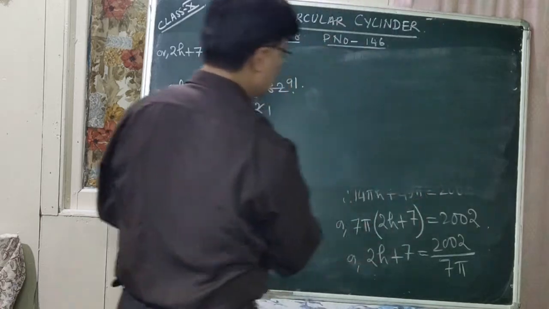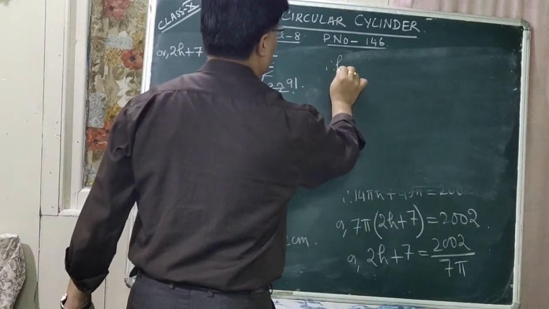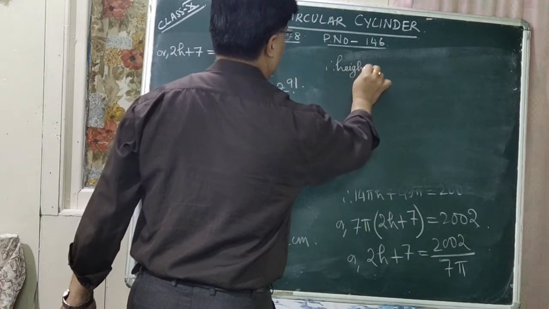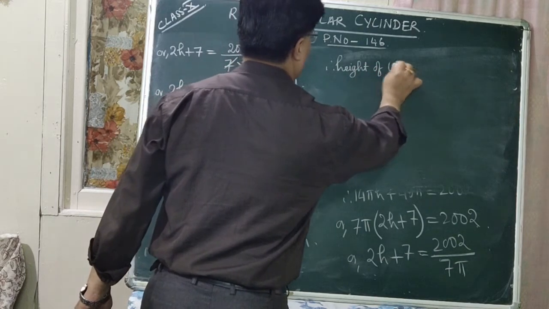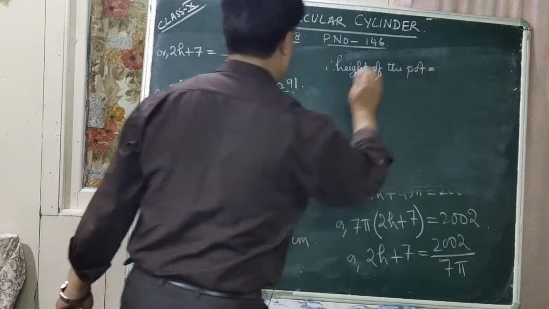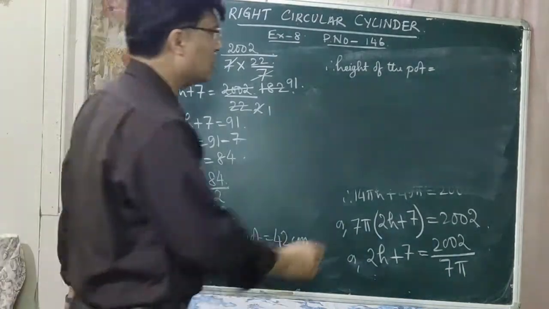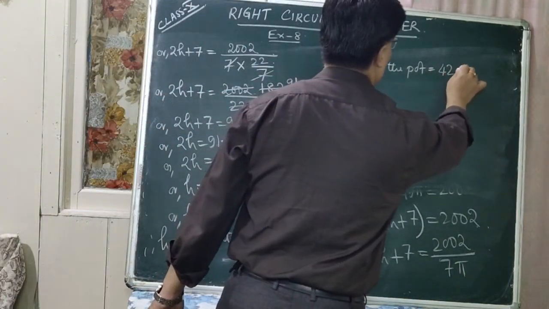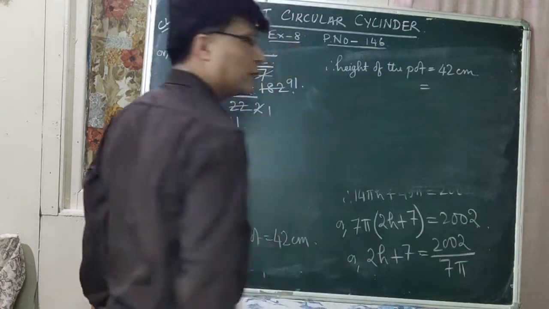So therefore, what is the height of the pot? It is 42 centimeter.